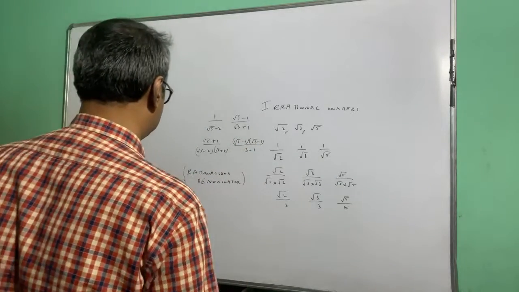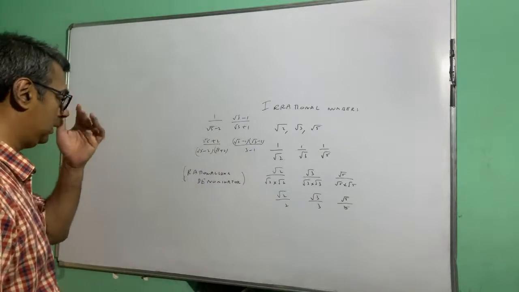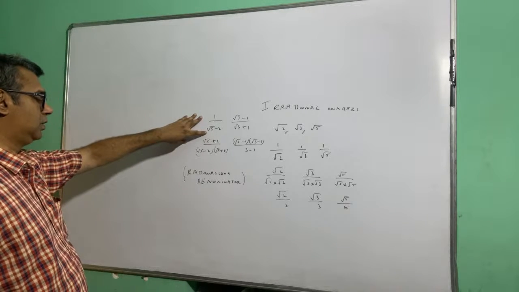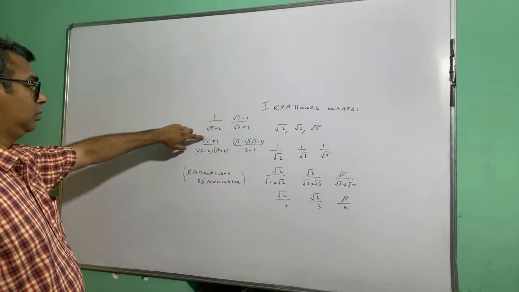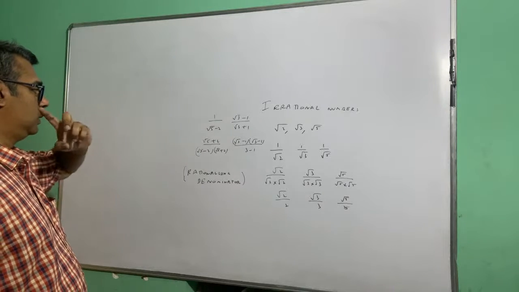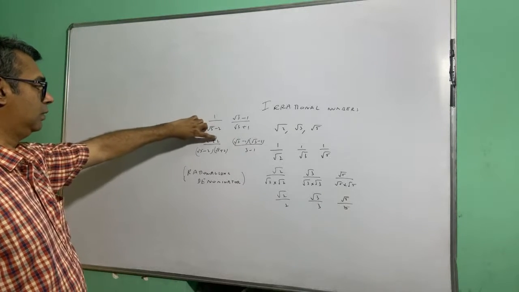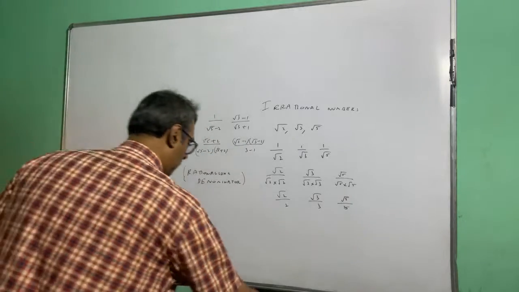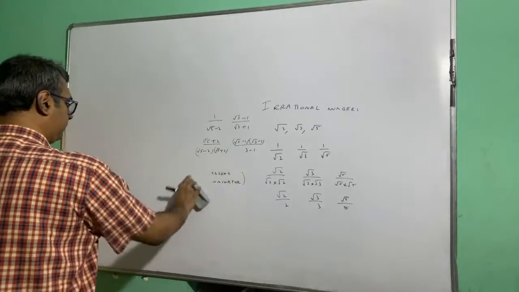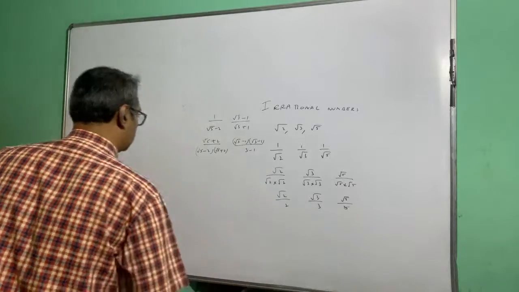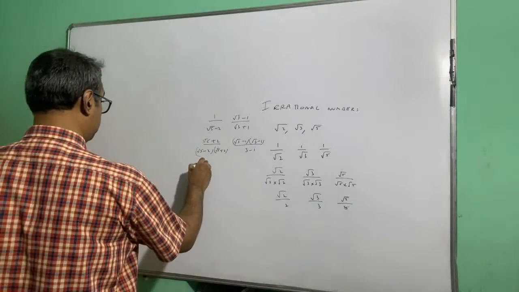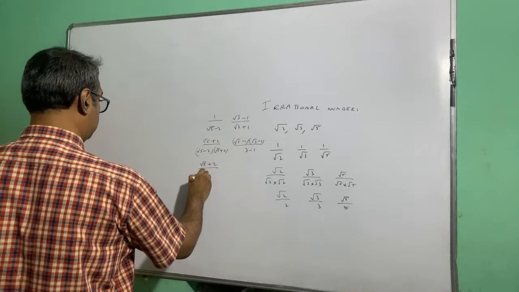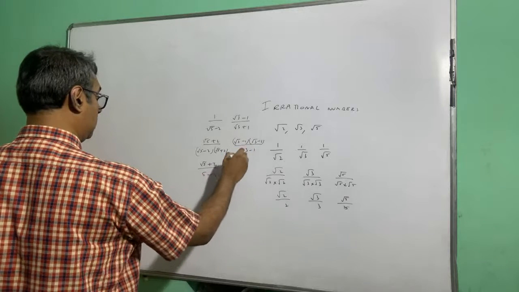For rationalizing the denominator, I am multiplying above and below by a number which will make the denominator rational. So I am multiplying above and below with root 5 plus 2. The numerator is now root 5 plus 2. The denominator is root 5 minus 2 into root 5 plus 2. So ultimately this will become root 5 plus 2 and the denominator will become 5 minus 4.